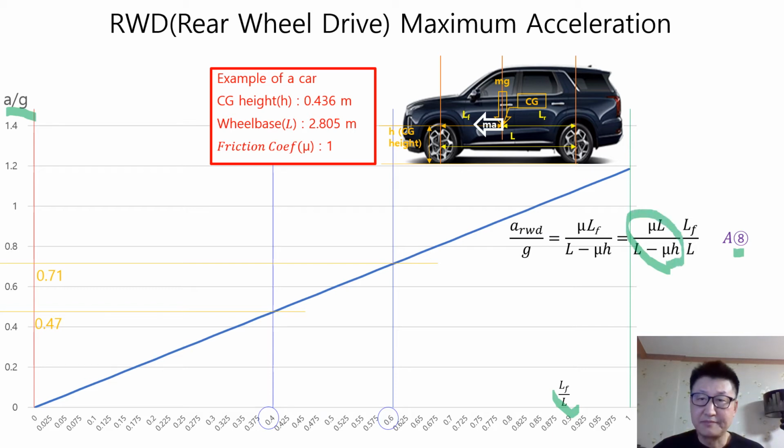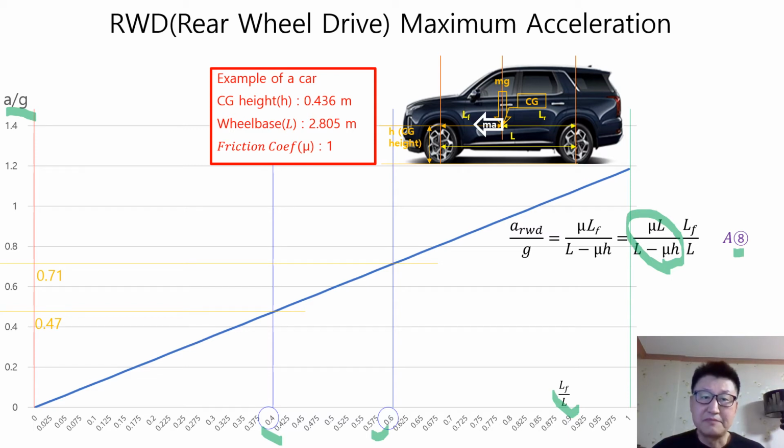Here, most road vehicles have their CG locations from 0.4 to 0.6 of the ratio of L_f to wheelbase L. Two vertical blue lines represent 0.4 and 0.6 of those CG locations respectively.